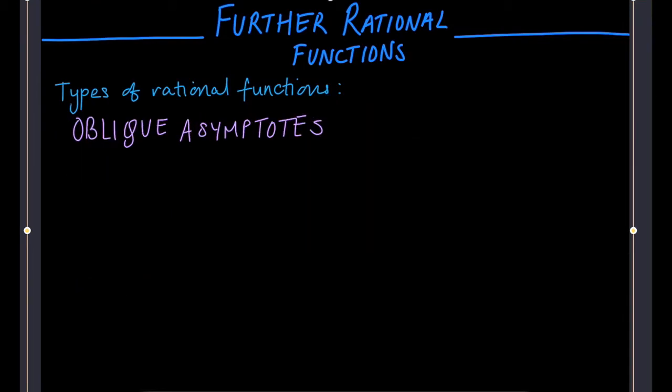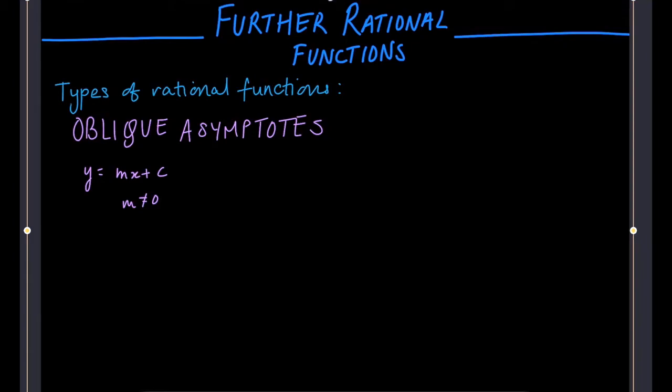Okay, so oblique asymptotes are lines whose equation can be written in the form y equals mx plus c, where m cannot be 0. So it's basically a linear function, and that will be our oblique asymptote.